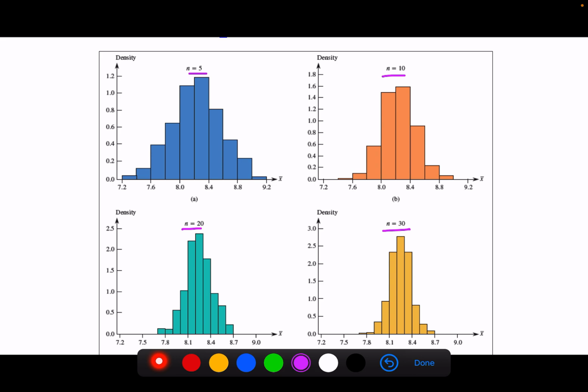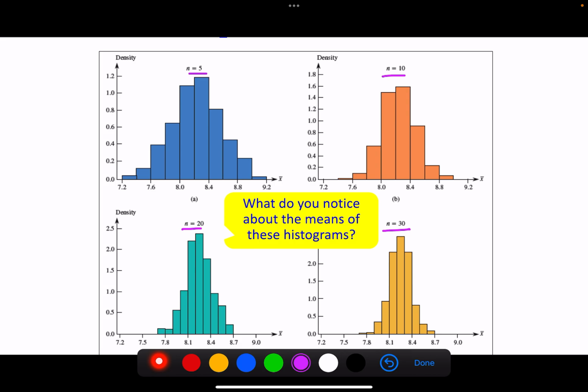And what you should notice is as we get larger, our columns get smaller. And as we go from the upper left to the lower right, the standard deviation gets smaller.